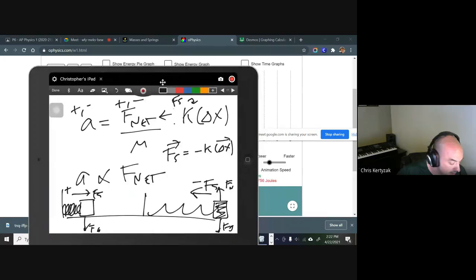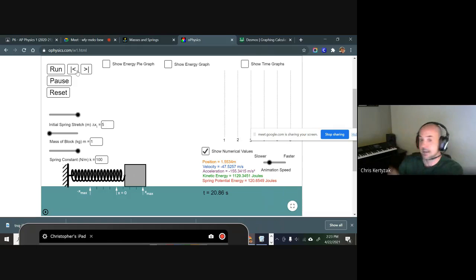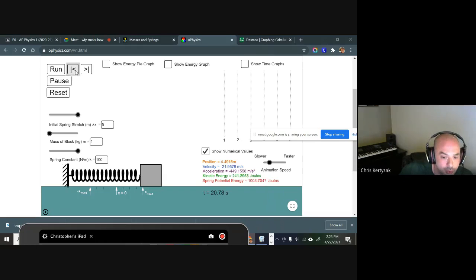And so we're going to point out that there are moments where this thing has maximum acceleration, which would be, surprisingly, on the ends. When the force from the spring is maximum, which it is here, then the acceleration must be maximum. Moments later, in these first few frames, it's gaining speed at a very high rate.